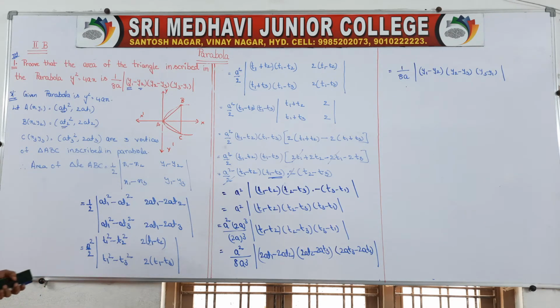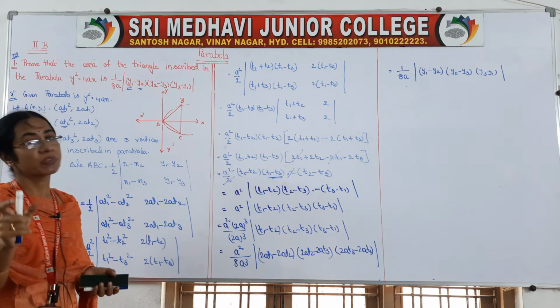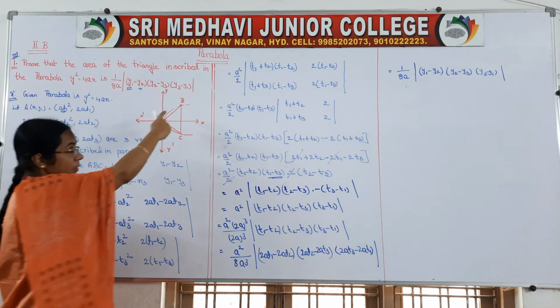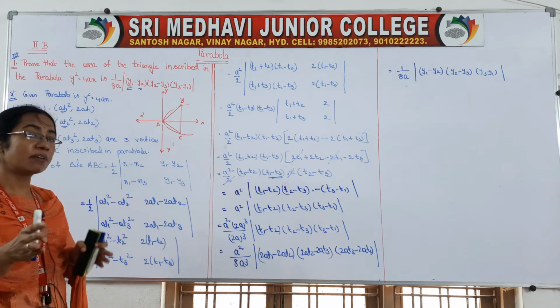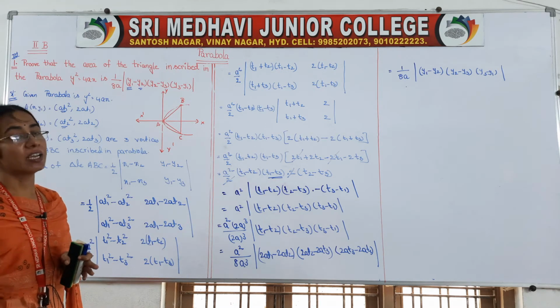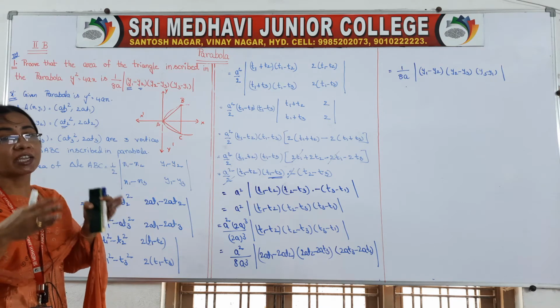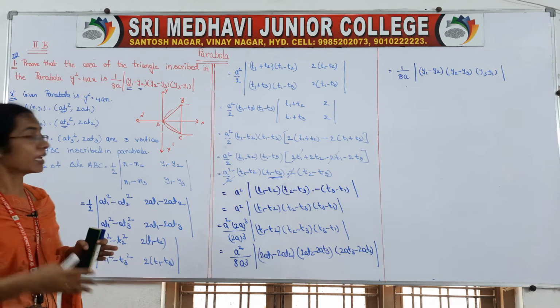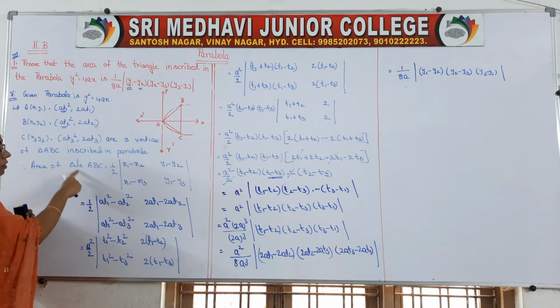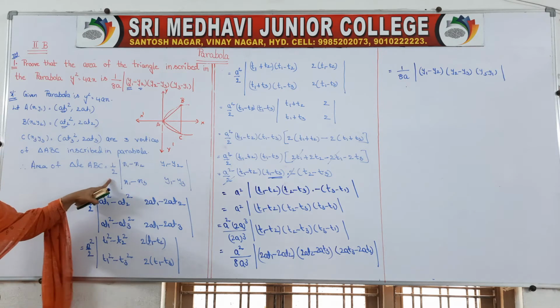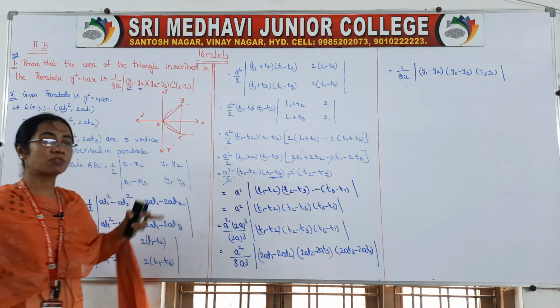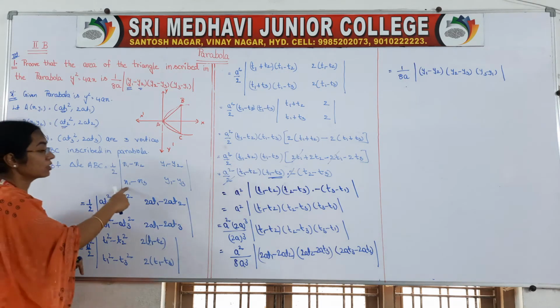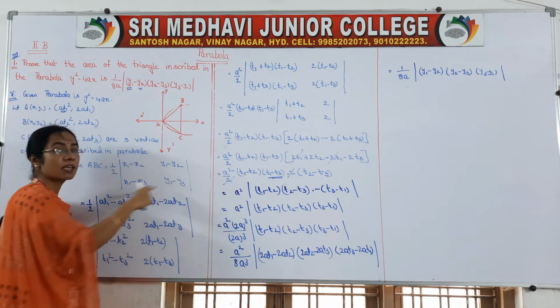So three points on the parabola are the three vertices of the triangle. Now find the area of this triangle ABC. The area of triangle ABC is equal to half into modulus of the determinant with rows x1 minus x2, y1 minus y2, and x1 minus x3, y1 minus y3.